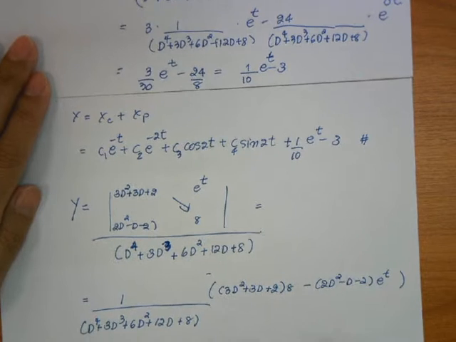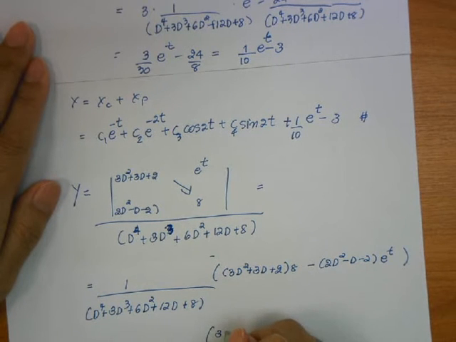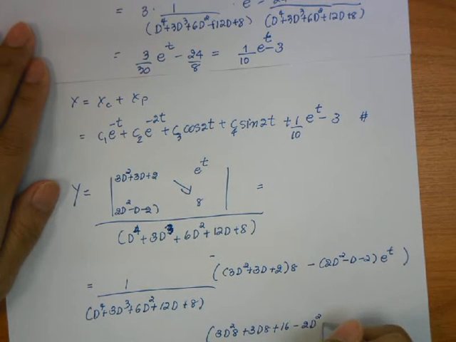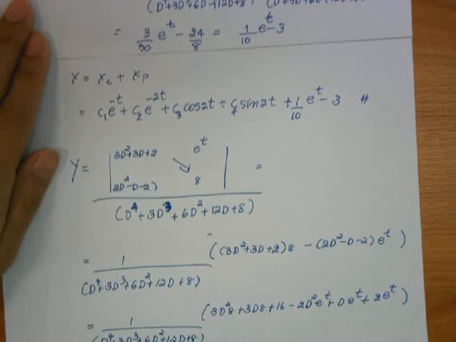Plus 8 here, we got 3D squared 8 plus 3D 8 plus 16 minus 2D squared exponential of t plus D exponential of t plus 2 times exponential of t.